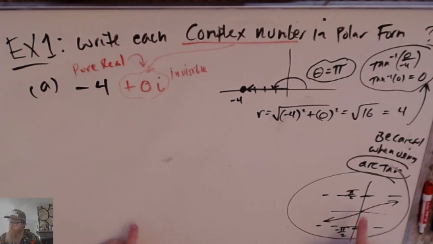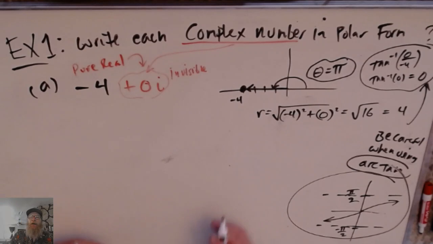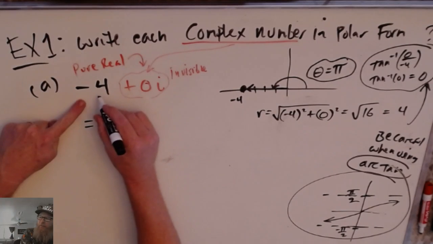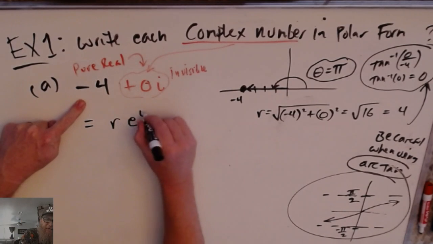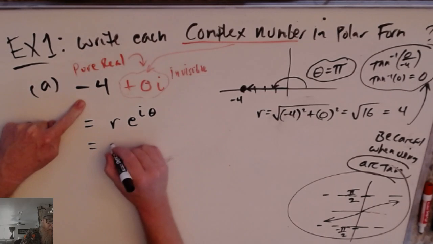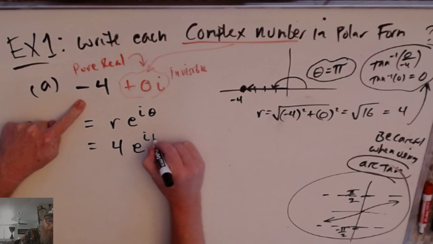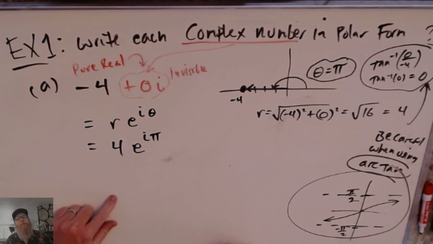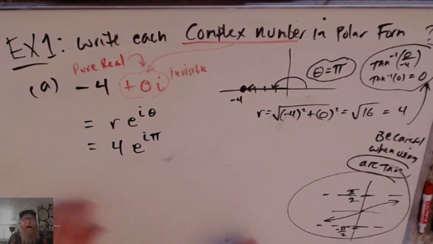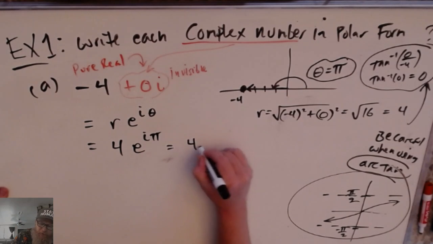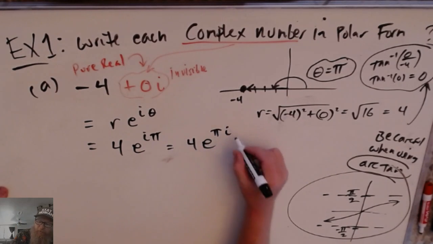Okay. It's supposed to be a 2 there. I'm not sure if you can see that. All right, we're basically done. So we have r e to the i theta. The modulus is 4. The theta is pi. You can leave it as i pi if you like, but most of the time we put the i last.